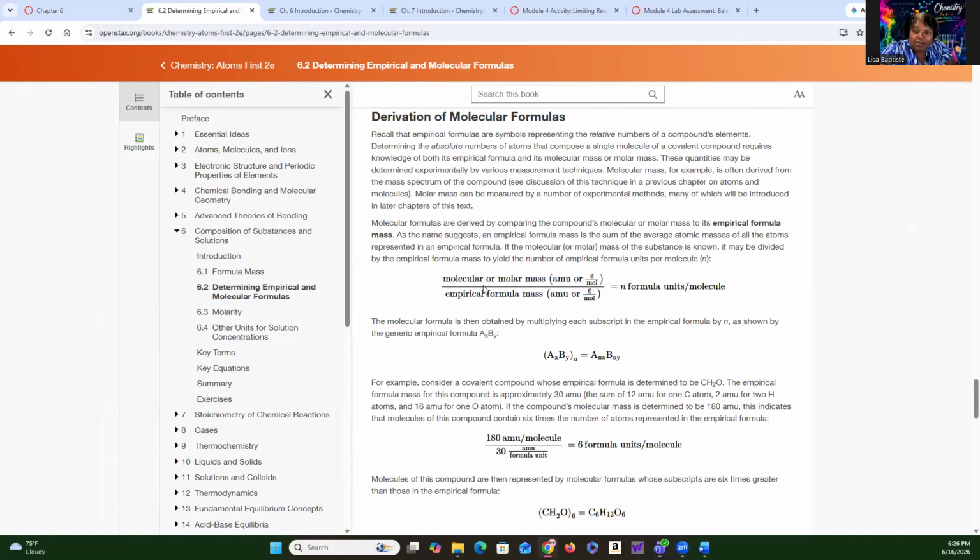The molecular or molar mass will be given to you in the problem. The empirical formula mass you can find based on the empirical formula, all right? And we know how to calculate masses. We're going to divide those two masses and you're going to get a value that you are going to multiply each of your subscripts by to get your molecular formula.